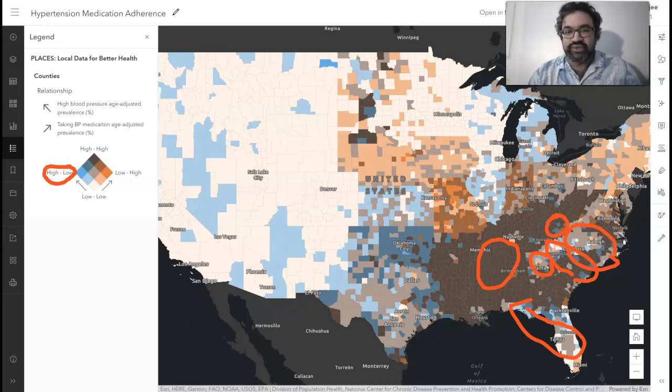Some of the south central areas of Pennsylvania are low medication adherence areas. Again, northern Pennsylvania has some areas.